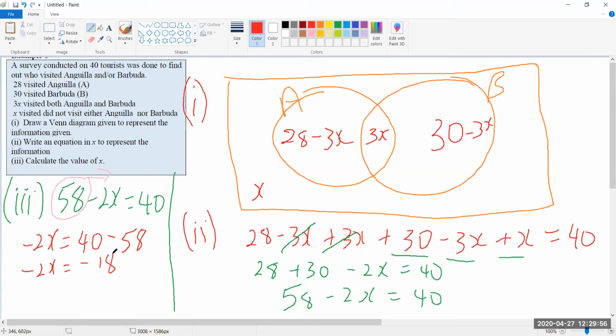Right? We want to get rid of this 2X, so we take this -2X and carry it across. X is equal to -18 all over -2. So that means that the value of X is equal to +9. Everybody good?